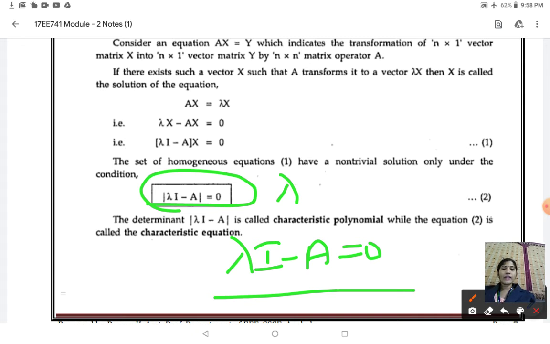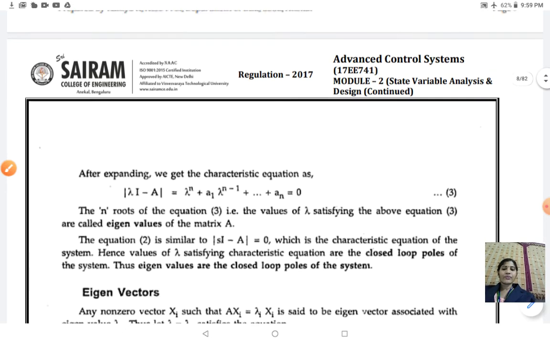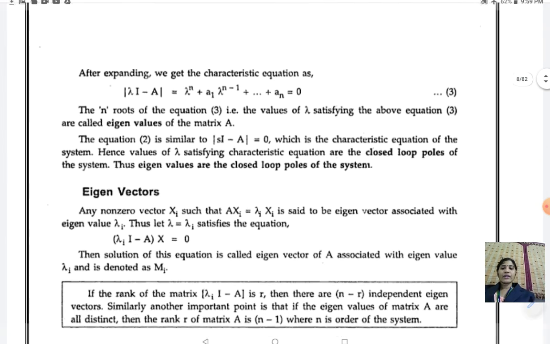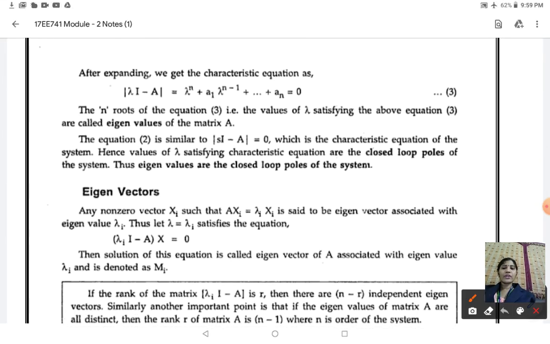The roots of the characteristic equation will give the values lambda 1, lambda 2, lambda 3 and so on. The roots of this characteristic equation will define the stability of the system. For every value of lambda, you can obtain the eigenvectors.